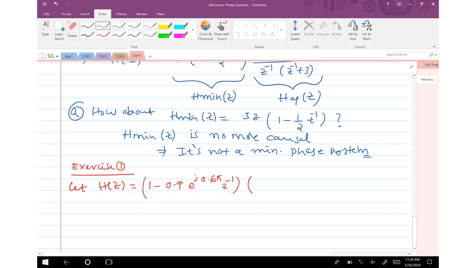Why are there complex conjugate pairs? That's a repeated question arising in different lectures. It's essentially because h[n] has to be real. That's as simple as that.